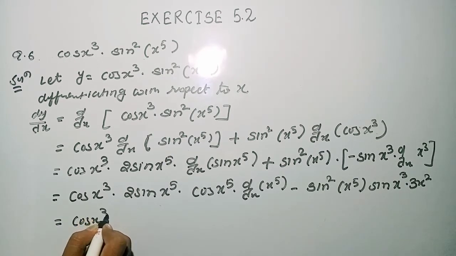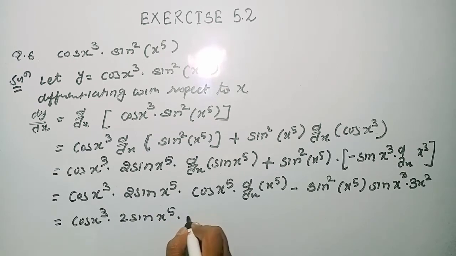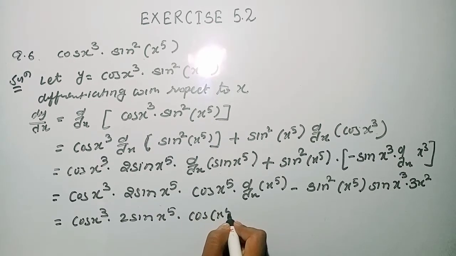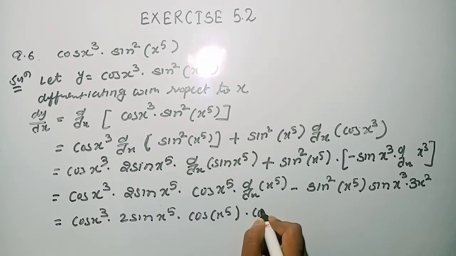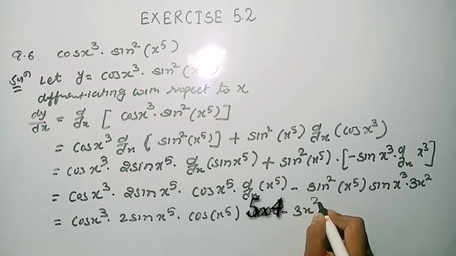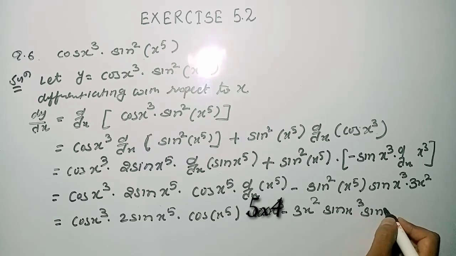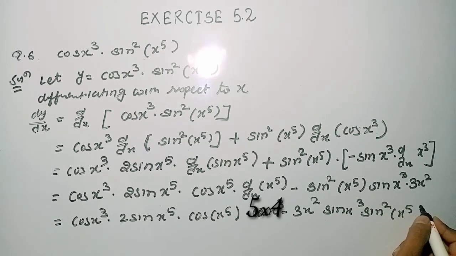So finally we are getting cos x cube 2 sin x to the power 5 into cos x to the power 5, where the derivative of x to the power 5 means 5 into x to the power 4.